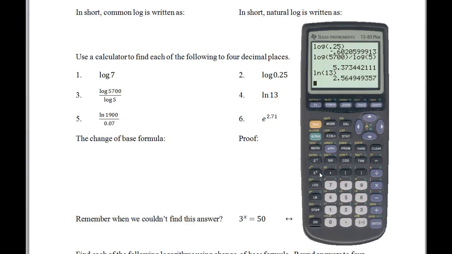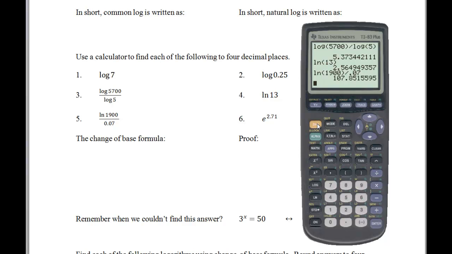And number 5, we'll have the natural log of 1900 divided by 0.07. Notice that is not a log, it's just dividing by 7 hundredths, and this gives us 107 and 8,516, rounded up, 10,000ths. Problem number 6 is going to be e raised to the 2.71 power.